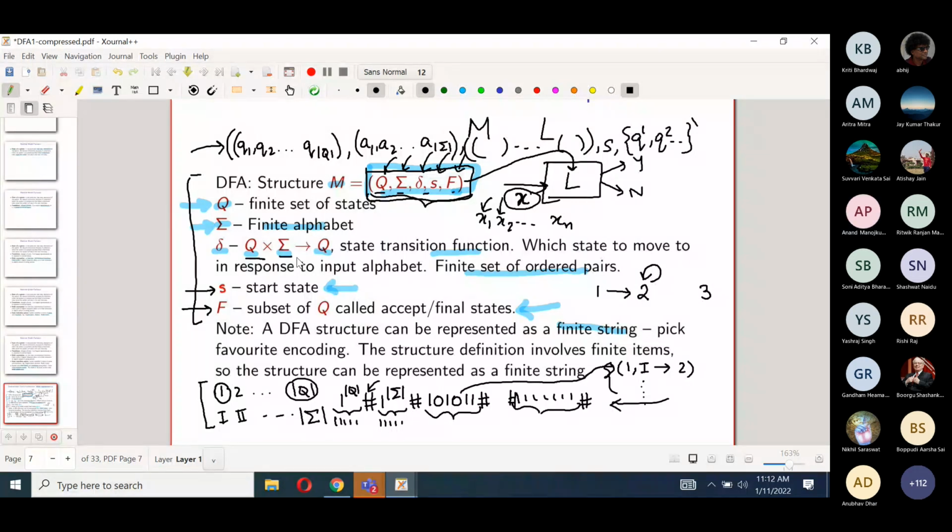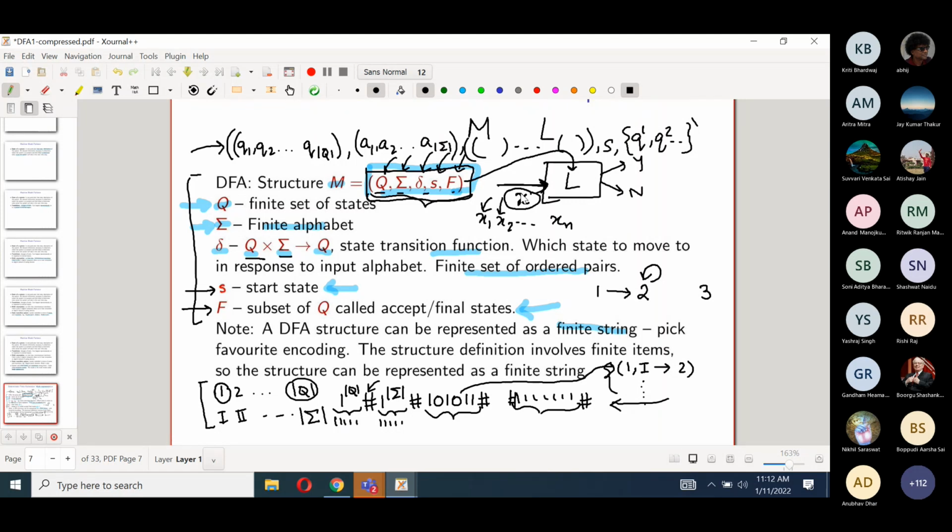No, I don't think it will work because sigma star is countably infinite. Sigma star is countably infinite, correct? Yes. If you look at a particular string, sure, it is of finite length, but sigma star is countably infinite. You can take x belongs to sigma star.